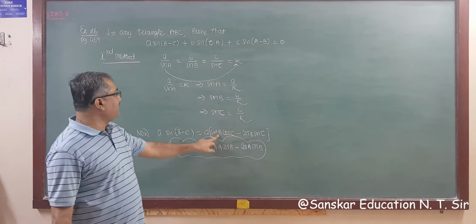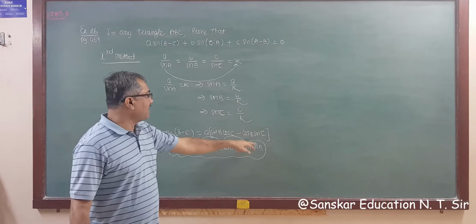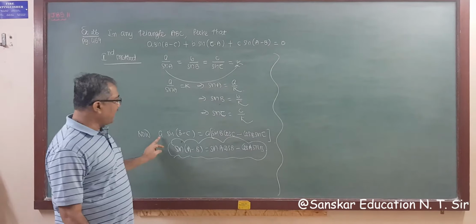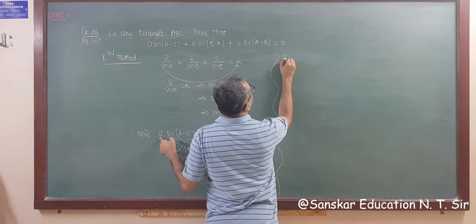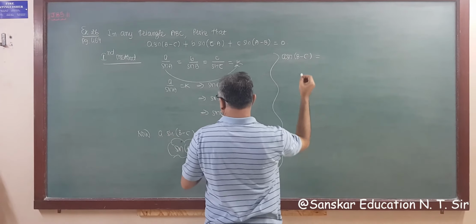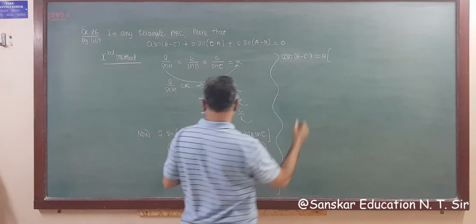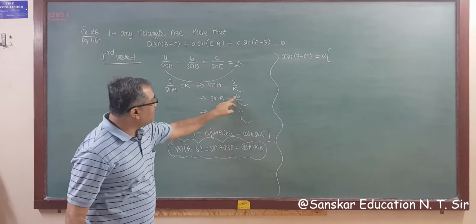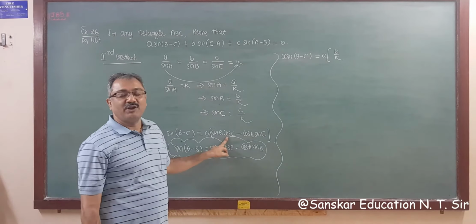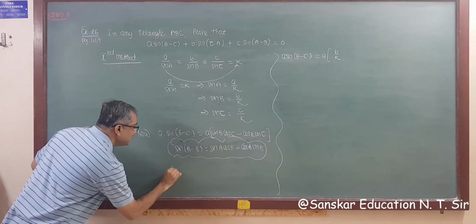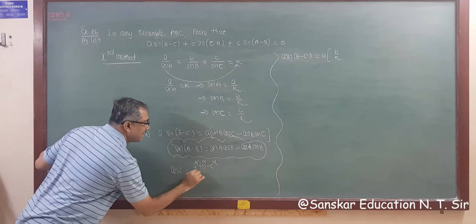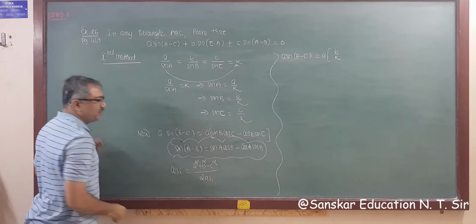Right? Now sine B is B upon K and sine C is C upon K. So applying this formula, what we get? A sine B minus C is equal to, now small a as it is, sine B is B upon K, so writing B upon K sine B. Now cos C, you have the formula for cos C, that is cos C is equal to A square plus B square minus C square upon twice AB, that you know, right?